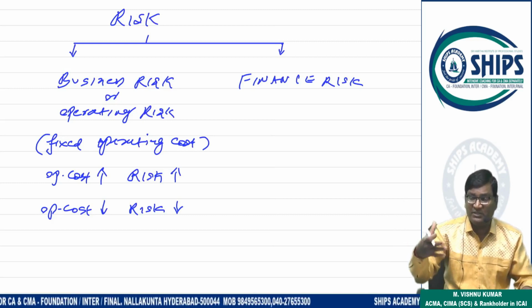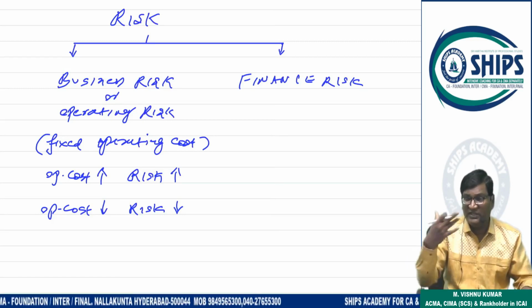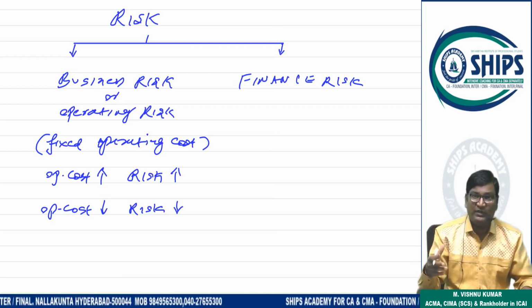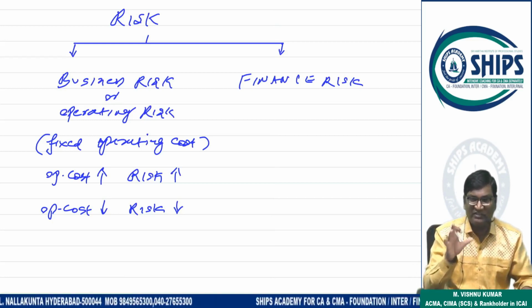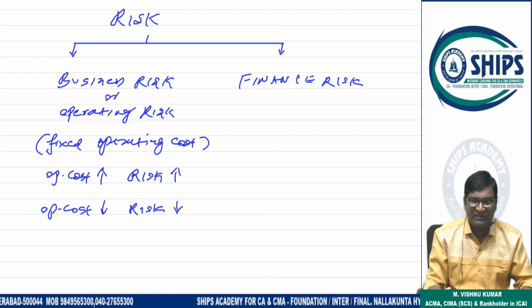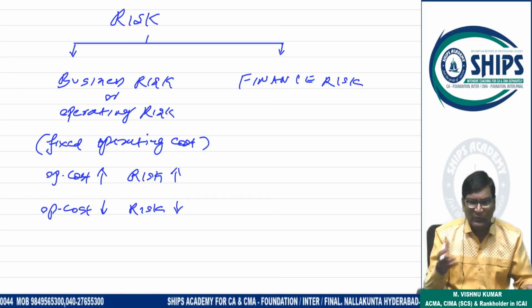I can convince the customer, I can reach the customer faster. In that case only, the organization will spend extra fixed cost. Otherwise, why would an organization incur extra cost?